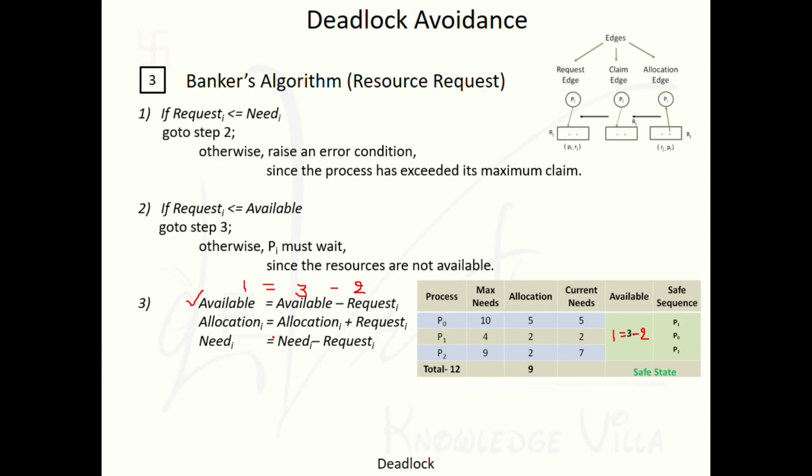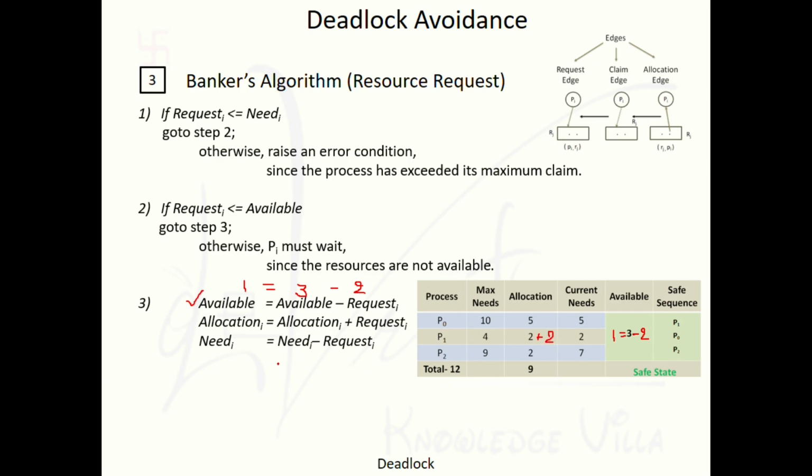Next line, allocation equals allocation plus request. It means after allocating, what will be the new allocation? Previously for P1, 2 resources were already allocated, and now we are allocating 2 more resources. So what will be the total? 2 plus 2.